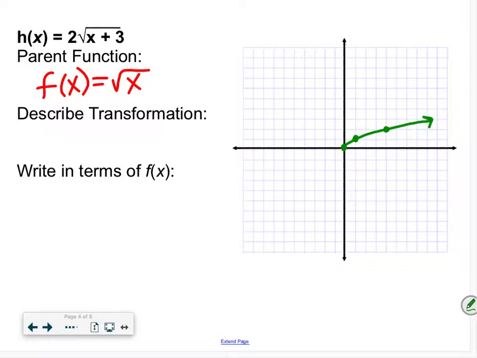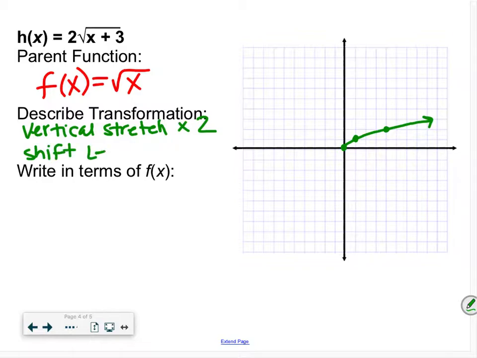All right, Riley P. What transformations do we have? Vertical stretch of 2 and then left 3. So a vertical stretch by 2, and what'd you say? Left 3. And shift left. How do you feel about that?